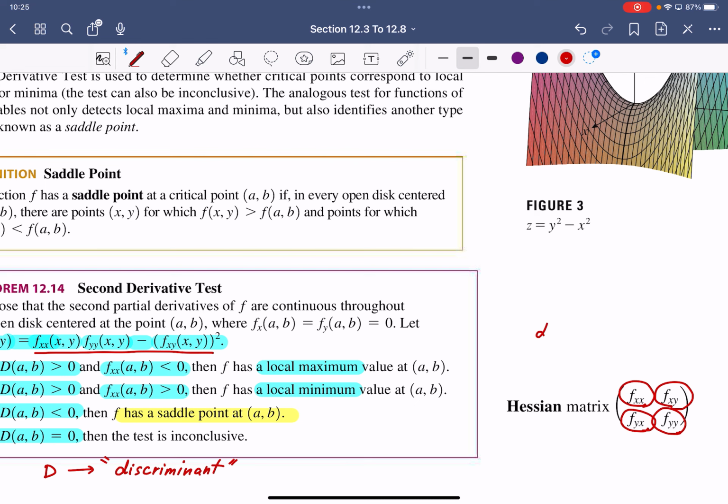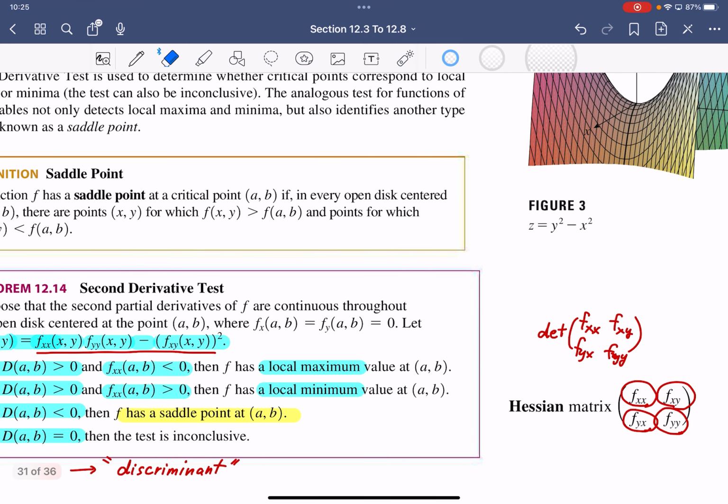And then if you compute the determinant of this matrix, it's not exactly the determinant, but it's similar to it. Because when you learn determinant, it's ad minus bc. But what you are trying to do here is the cross multiply, fxx multiply fyy. It's gonna be here, the first term.